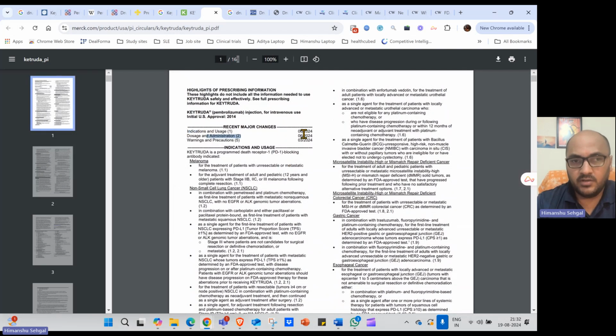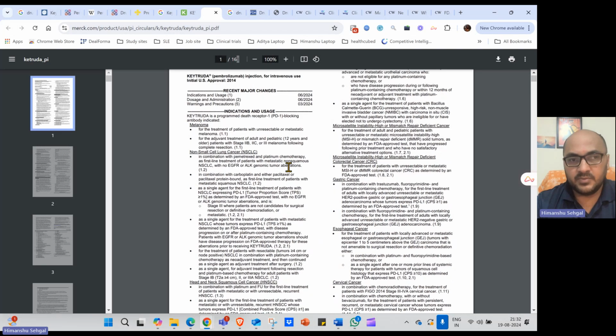Indication and usage, section 1, on the 6th of June 2024, got updated. Dosage and administration, again June 2024, and warnings and precautions, section 5, these were updated in March. So these precautions were updated in March, and then these were updated, and now in August 2024, other details must have been updated. Now, first is indication and usage.